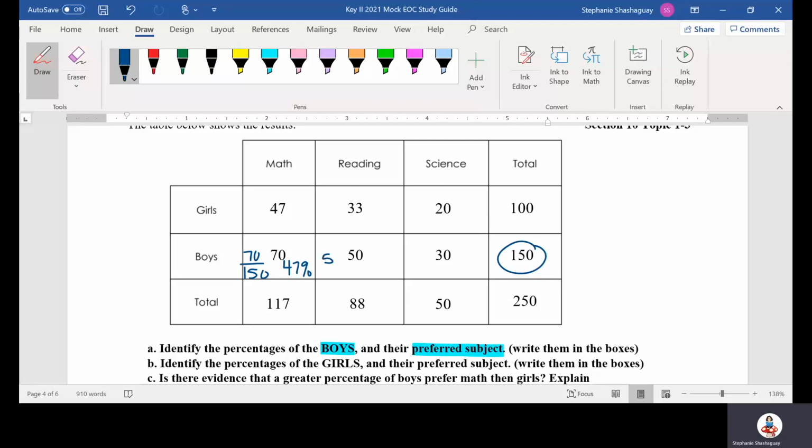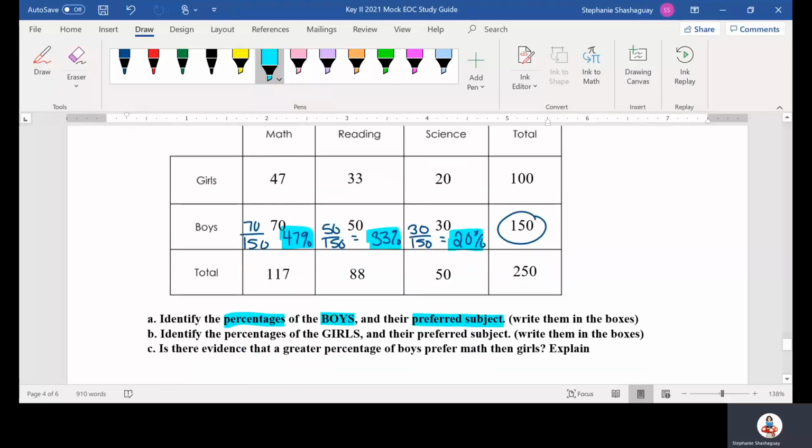So 50 over 150, and that is equal to 33%. Then finally, we're going to have 30 divided by 150, and that is equal to 20%. Okay, so we identified the percentages for the boys and their preference.